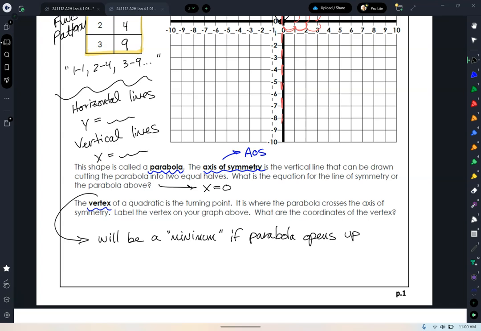So we'll classify the vertex as being a minimum, the lowest point on the graph, if the parabola opens up. It's the minimum, the lowest point on the graph. And likewise, we'll swoop another arrow here. That vertex will be a maximum if your parabola opens down.